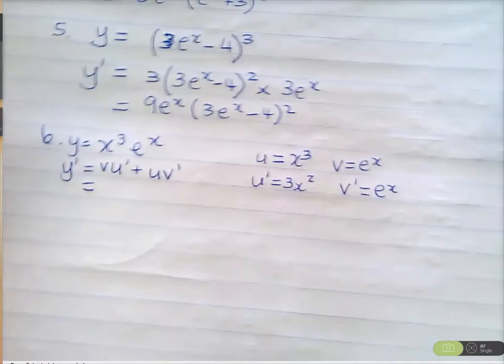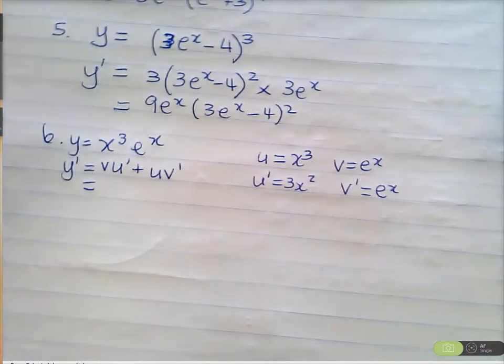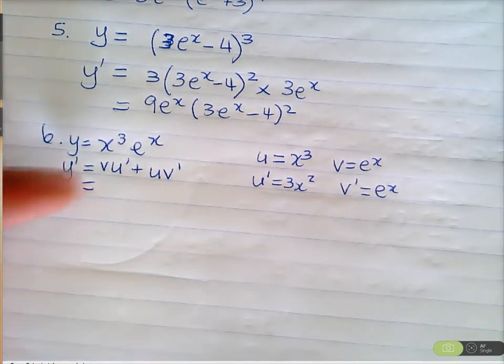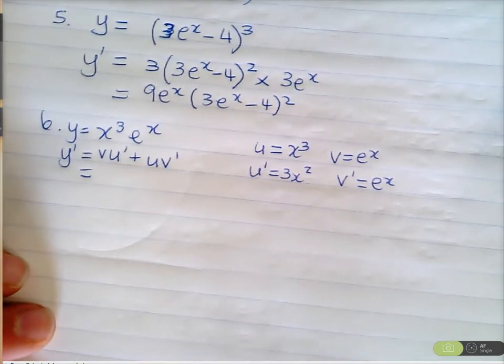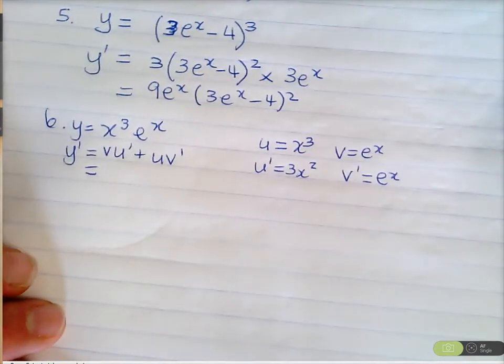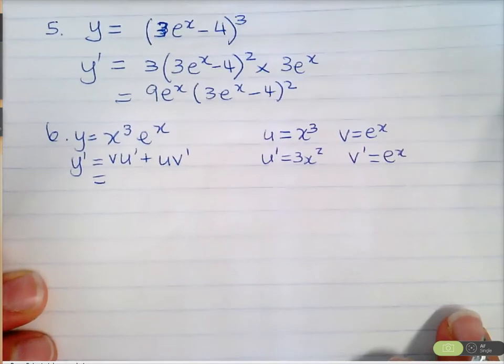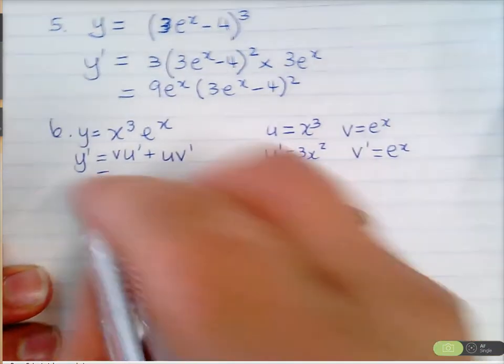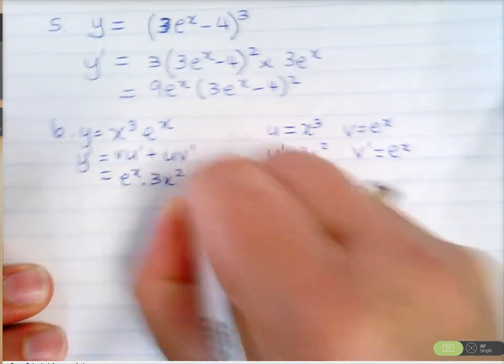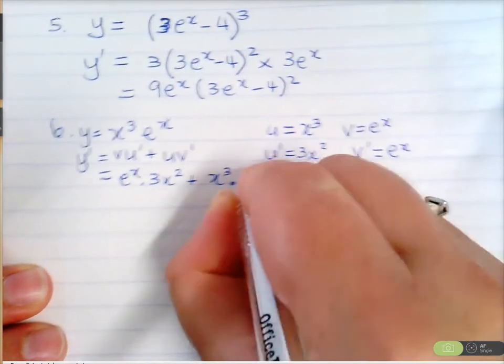You know what you do? You say product rule's the easier one, so it's got the plus, because pluses are always easier. That's how you remember it. So you can keep the vu dash plus uv dash. This is the easier one. It's got the plus. I think it's on the formula sheet now anyway. So vu dash plus u times v dash.